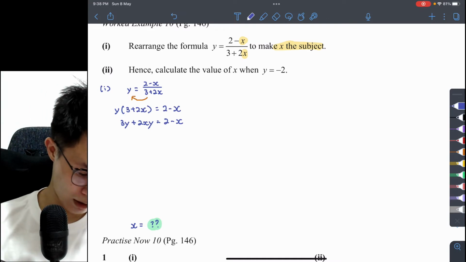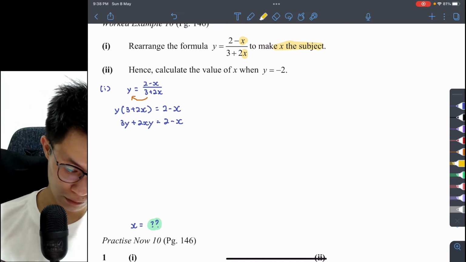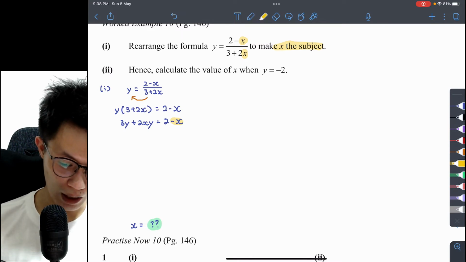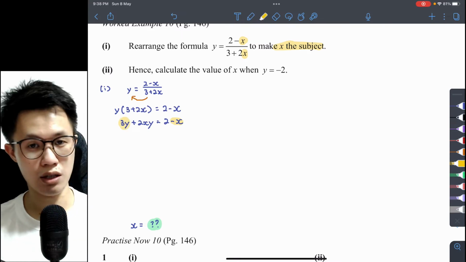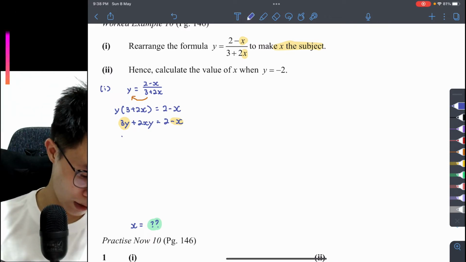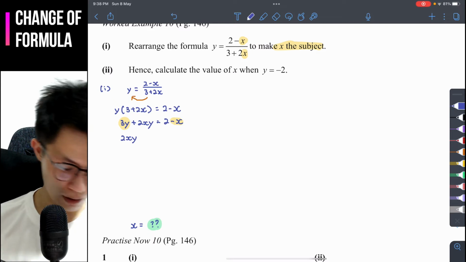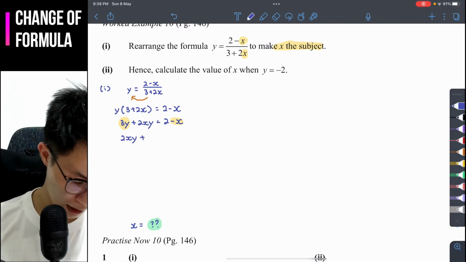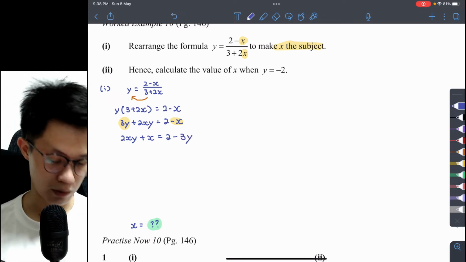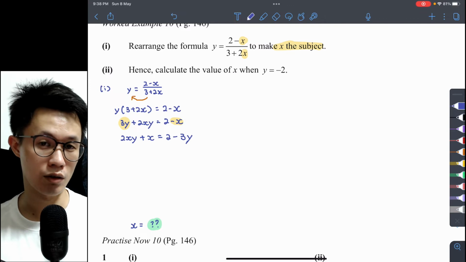So I'm going to shift negative x from the right to the left, and the positive 3y, which does not have any x, I'm going to shift to the right. So what I have is 2xy, which stays on the left, plus x equals 2 minus 3y. This is a very important step.